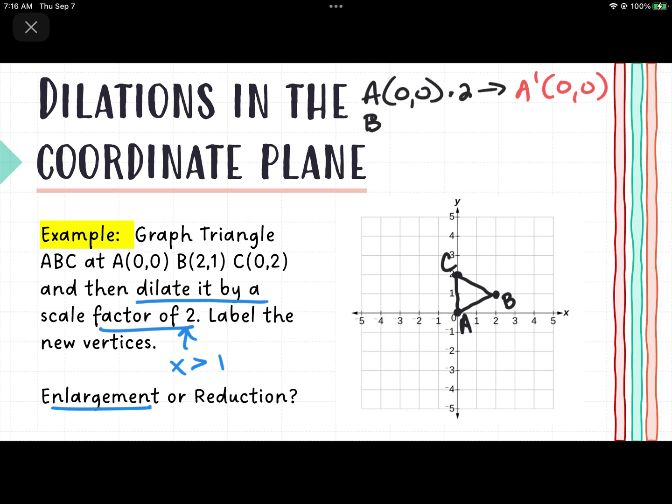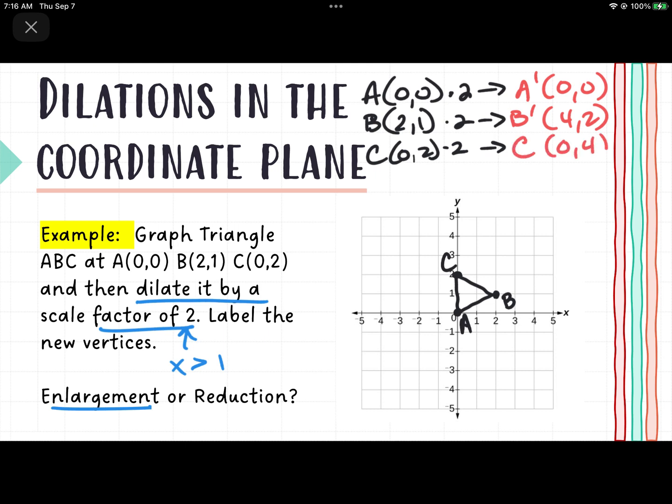For B, at 2, 1, we're multiplying by 2, we would have a B prime now at 4, 2. So every coordinate gets multiplied. And C was at 0, 2. When we multiply it by 2, we get 0, 4.